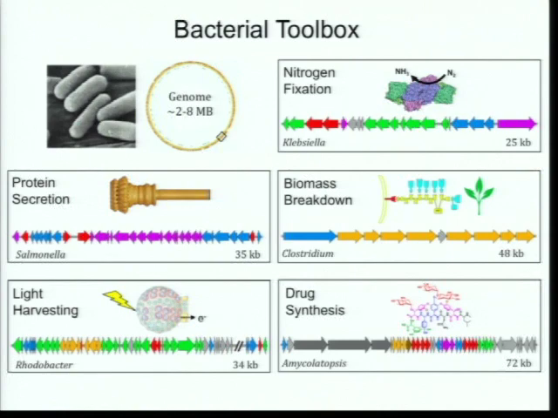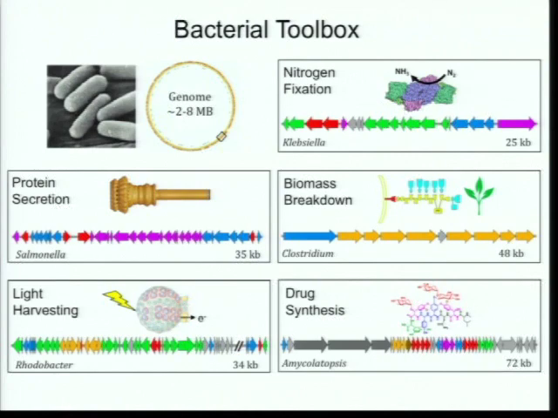So for example, nitrogen fixation, which I'll be talking a lot about today. This is a 25,000 base pair gene cluster out of Klebsiella. It has all of the necessary genes for the nitrogenase, for the pathways that make the cofactors for the nitrogenase, the electron transport, and so on. And these gene clusters just have an enormous range of functions.